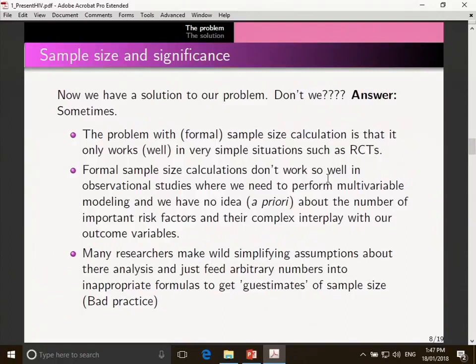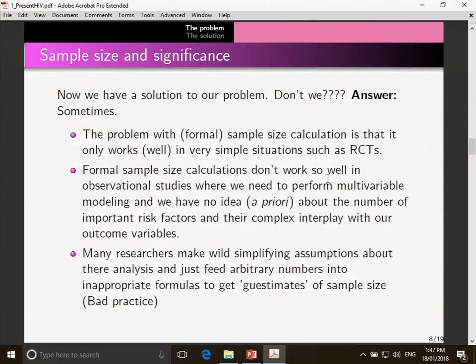The problem with formal sample size calculation, and I'm talking about those little Greek letter formulas that we see and that we hate, is they only really work well in quite simple situations. For example, randomized control trials. That is an analysis that can be done using simple bivariate methods.